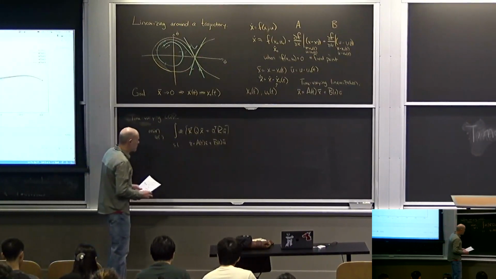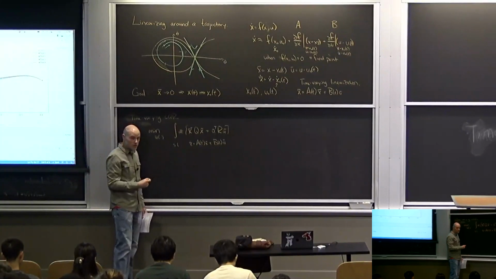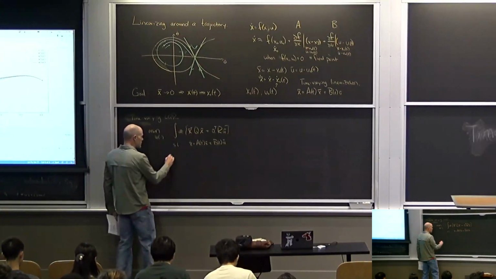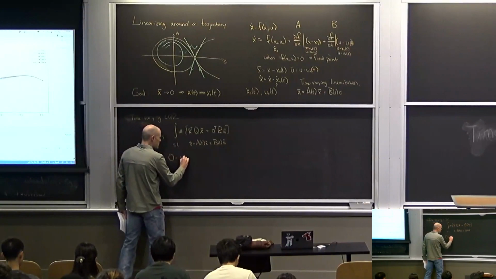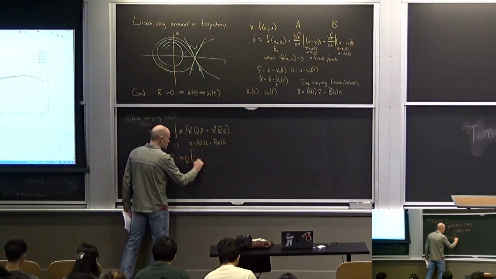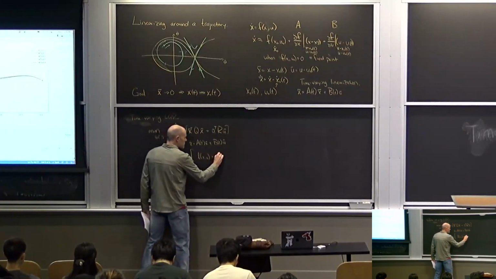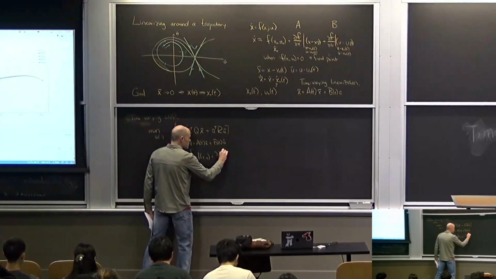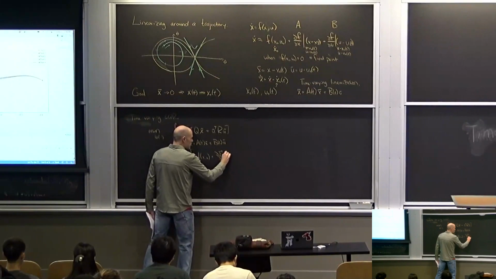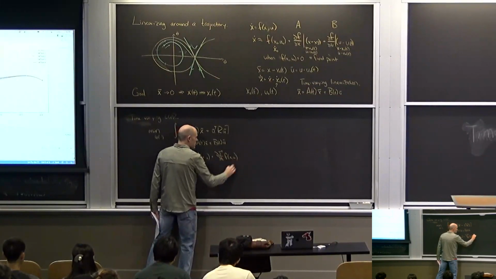If you write the HJB equation, you have 0 equals min over u of L of x, u plus partial J partial x times f of x, u.